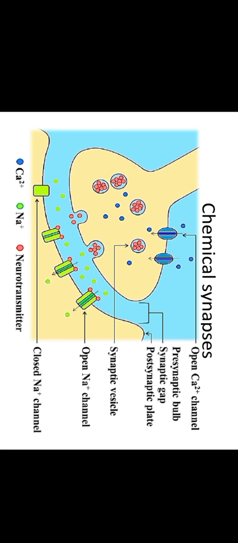In the presynaptic bulb there are synaptic vesicles, and in the postsynaptic plate there is an open sodium ion channel. So in this diagram, we see the reaction between calcium and sodium. Calcium and sodium are two important parts, and this mixing up is called neurotransmitter.